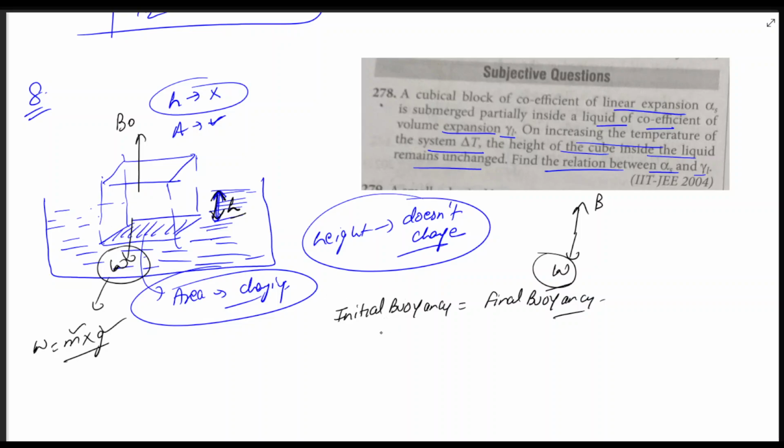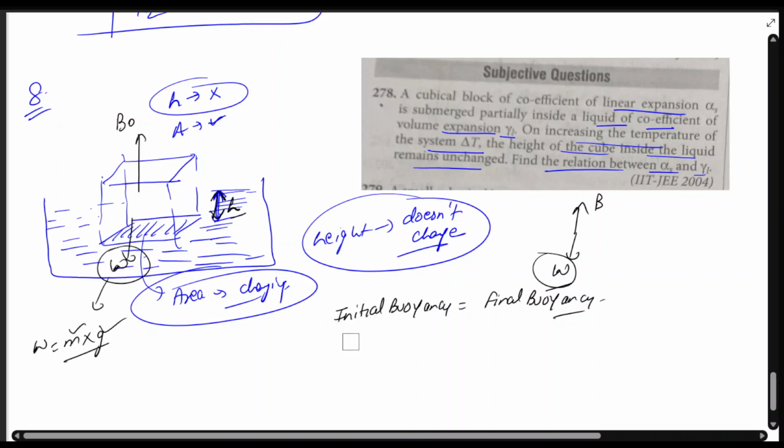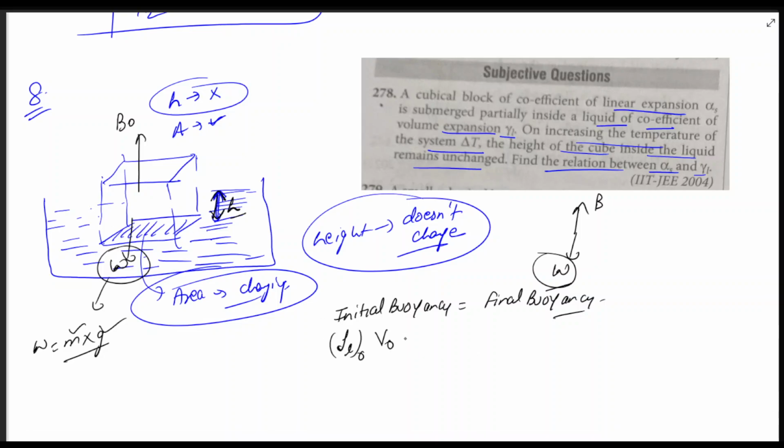So we'll write the initial buoyancy. Initial buoyancy will be rho naught, the density of the liquid, times the volume of the object inside, into g, equal to the final. How does the density change?